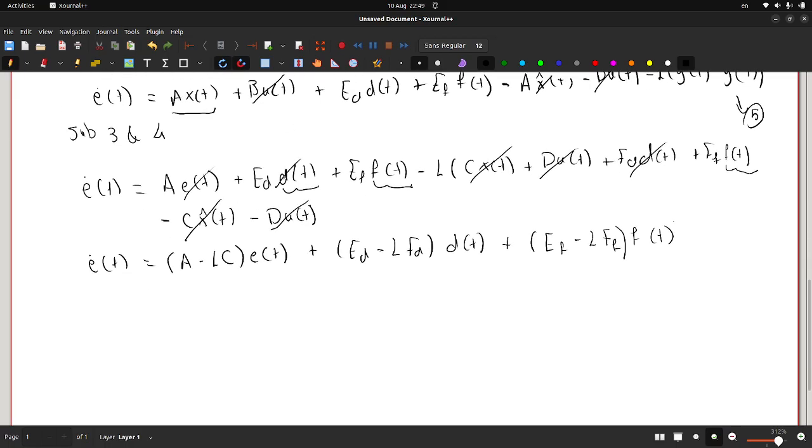Now we want to design the L matrix so that e dot converges to 0. So we want to design A minus LC to be stable.